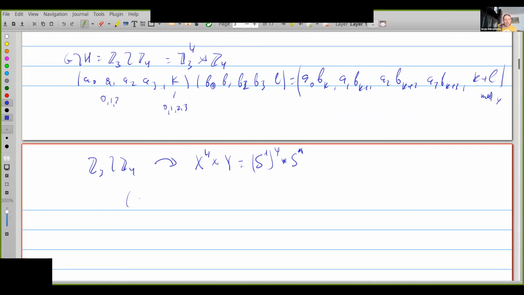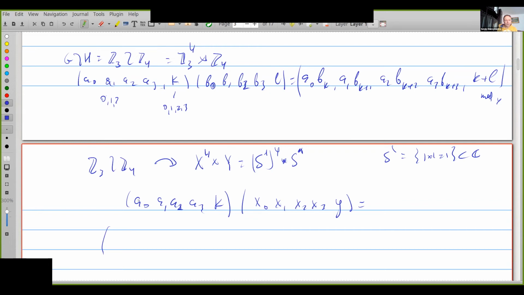And now this action is given as follows. If I have again elements a0, a1, a2, a3, and k, and an element, say, here I regard the circle as a set of complex numbers in the complex plane: x0, x1, x2, x3, and some y. This is also a complex number. Then it is given by the following formula. A0 is just a rotation.